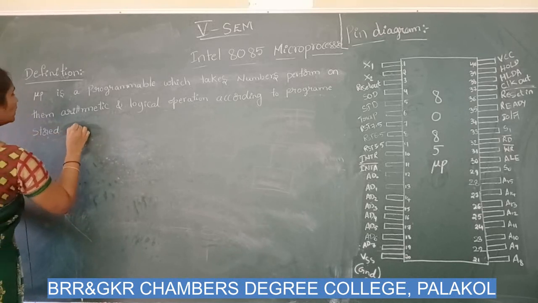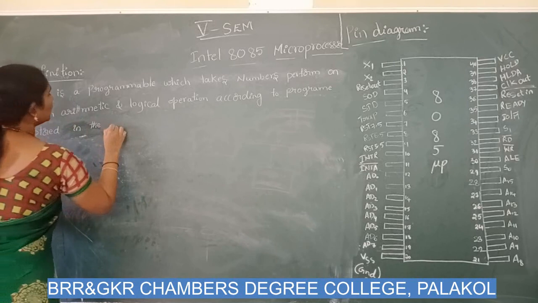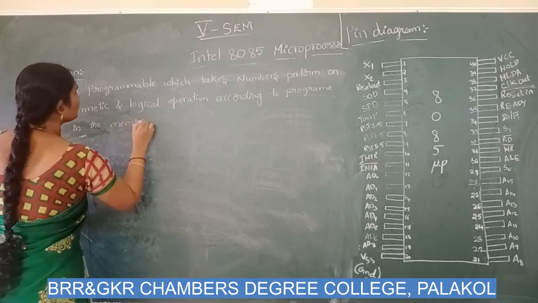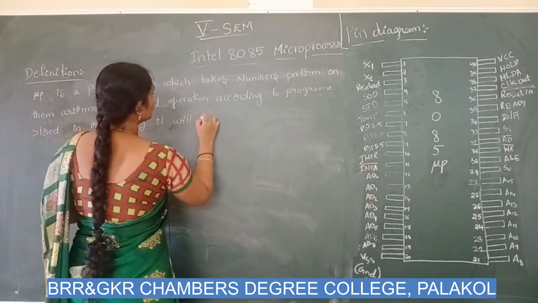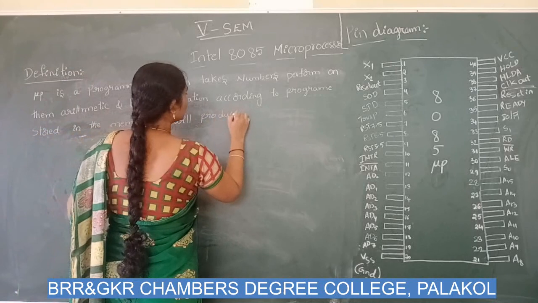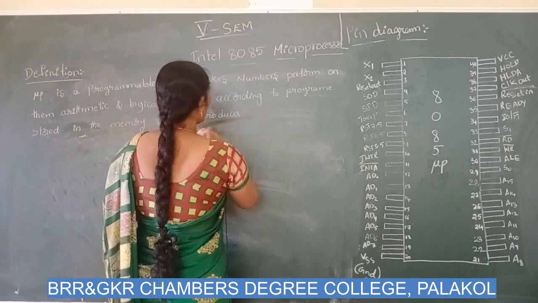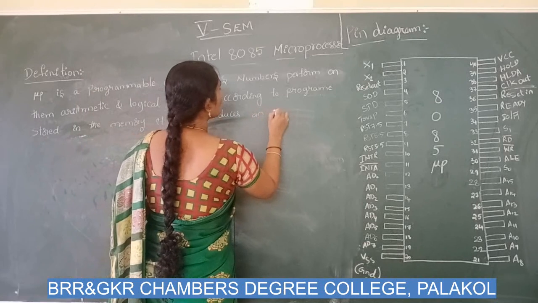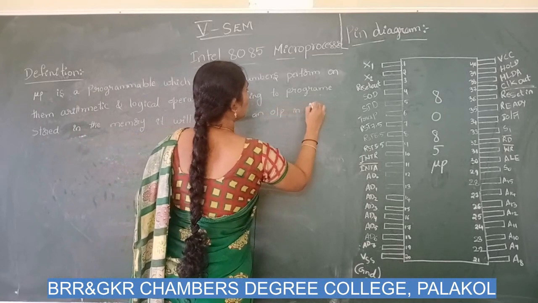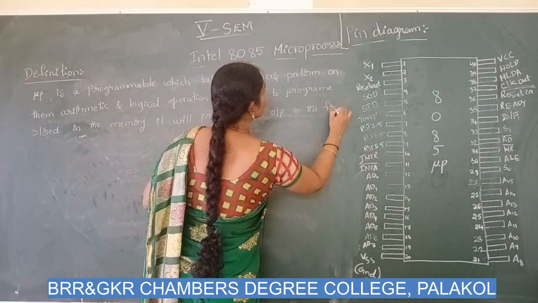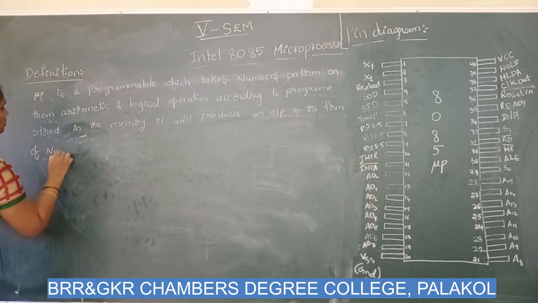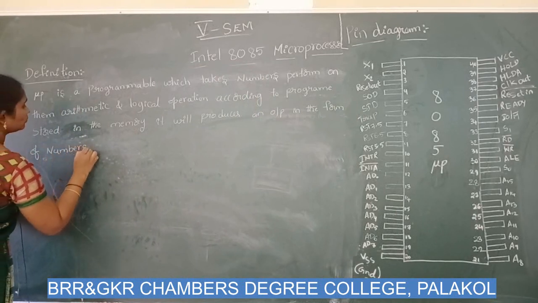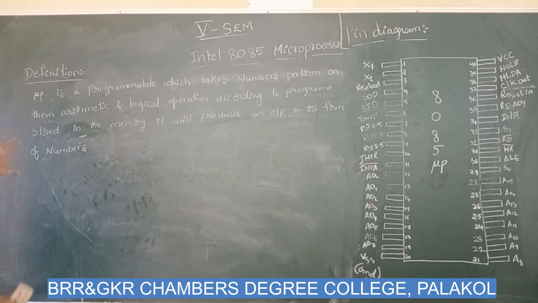According to the program stored in the memory, it produces an output in the form of numbers. Okay, so this is the definition of a microprocessor.